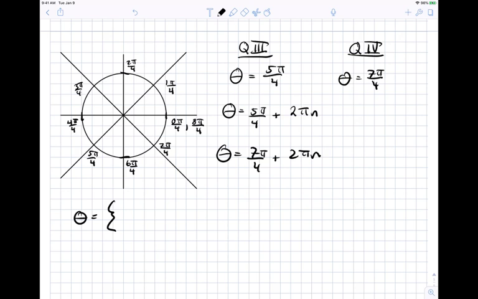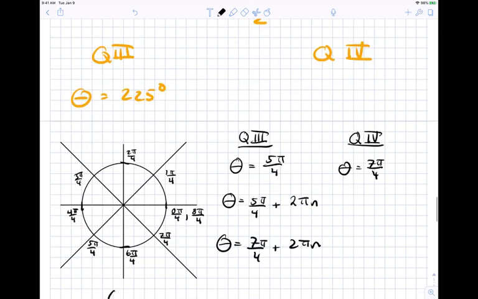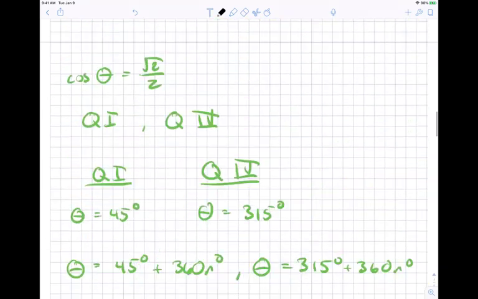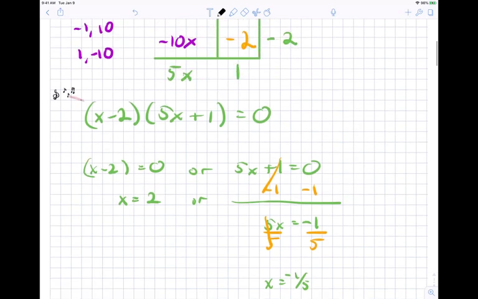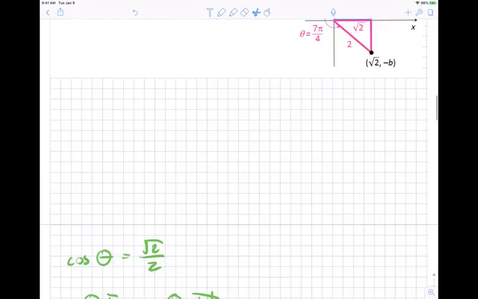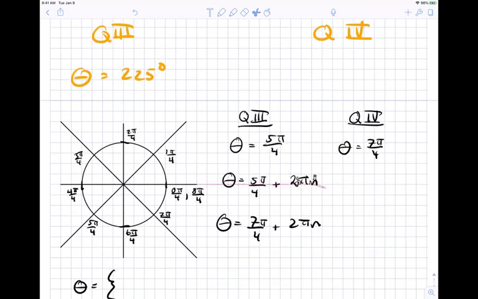Let me get a copy of this. One general one. Here's the other general one. When n is 0, what's the first solution? 5 pi over 4. What's the other one when n is 0?